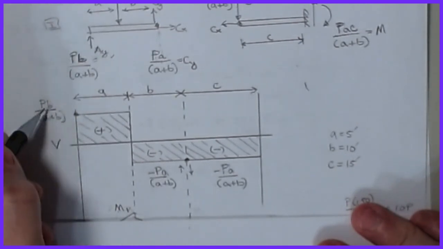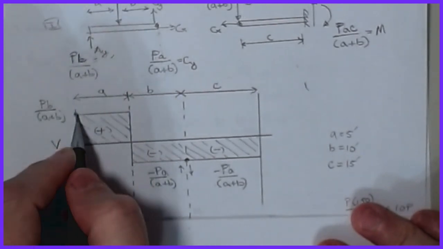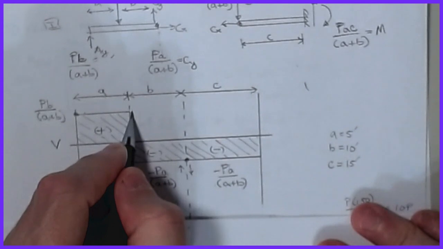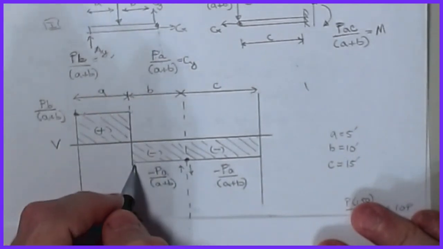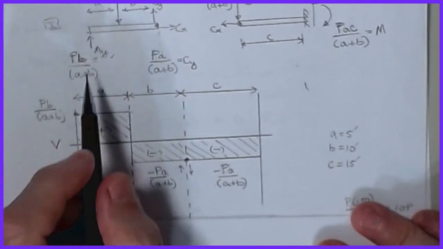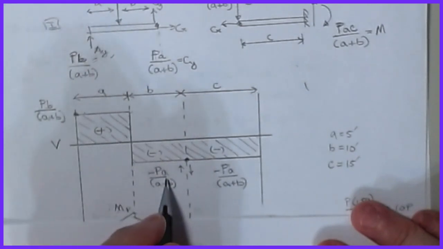My reaction was Pb over a plus b, so that first reaction jumps up. It's constant all the way over to here, and then it jumps down by a value of P here. So Pb minus P over a plus b will get me to this little reaction value here.